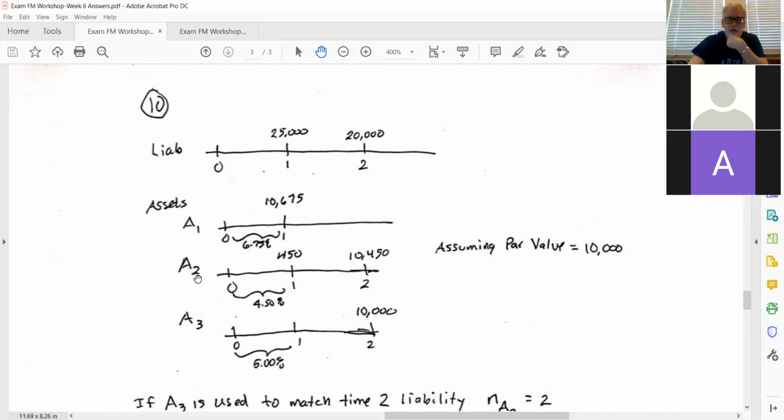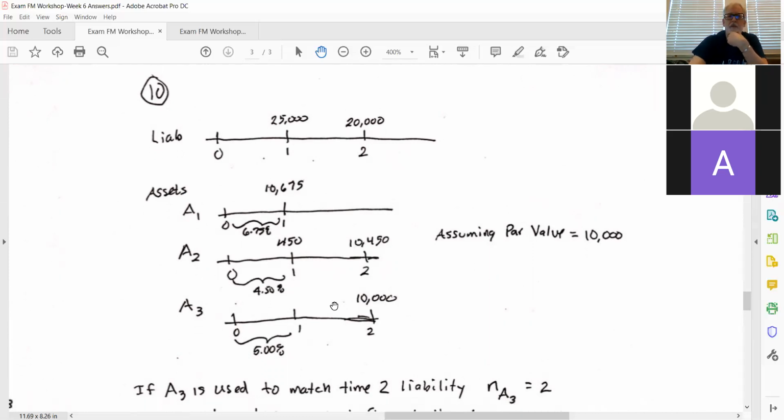All right, asset number 2 is a 2-year bond with coupons of 4.5%. So there's the 450 coupon and the maturity par value plus the last coupon. And it says it was sold at par. So that's how I knew that the yield on that bond is 4.5%.